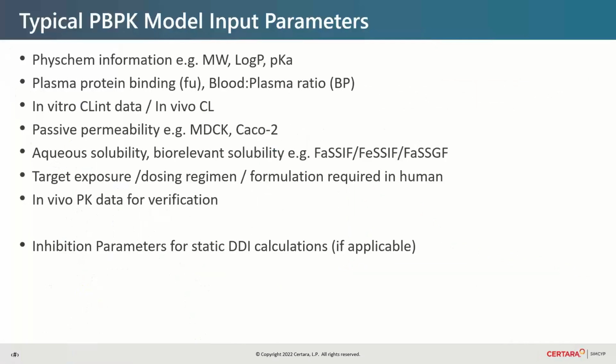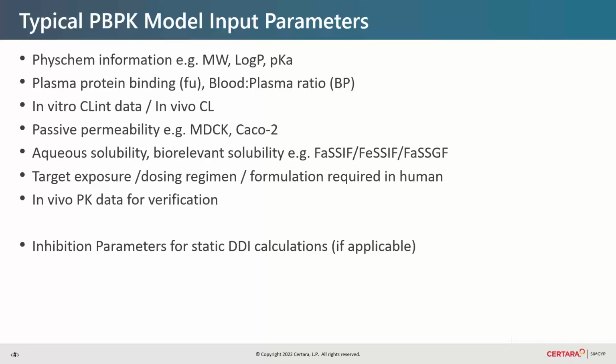In terms of data requirements, this is what we need to have available to be able to put together a PBPK model. We need basic physicochemical information: molecular weight, log P, pKa. We need plasma protein binding and blood plasma ratio data. So here we're looking at in vitro binding data, for humans or for other species.